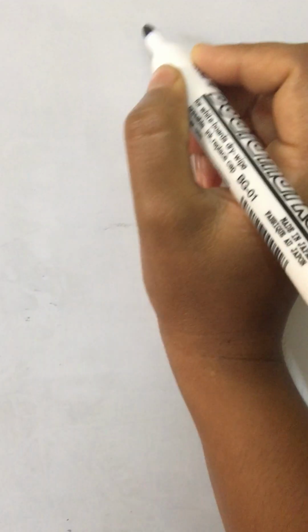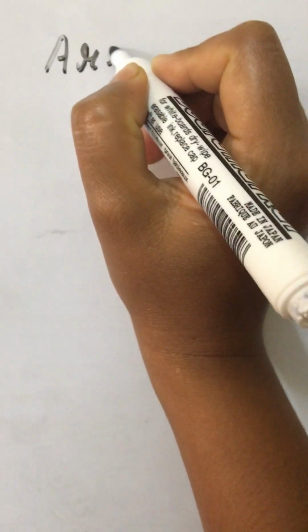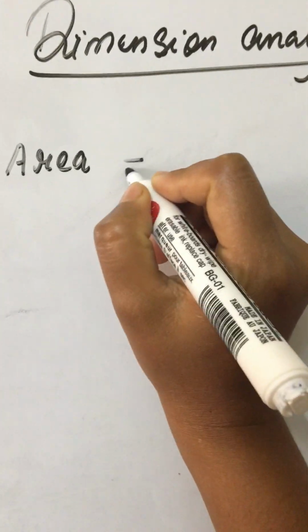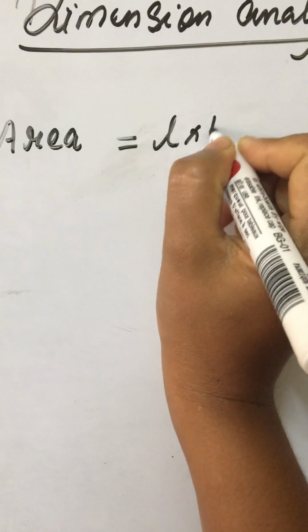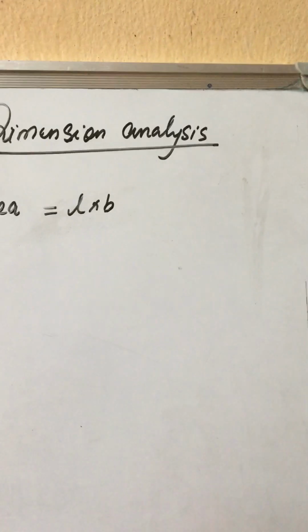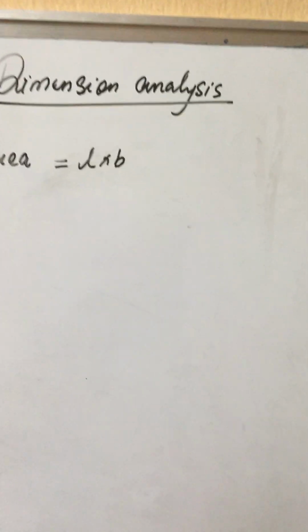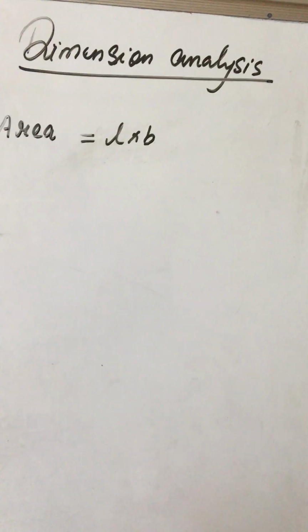Take for an example, this is an area. Area is basically length into breadth, isn't it? Any plane area will be written by length into breadth, right?